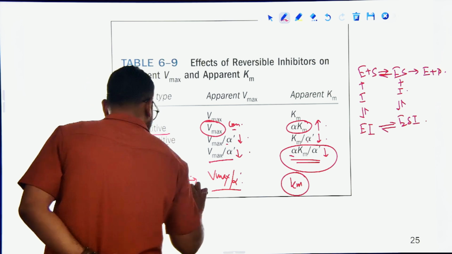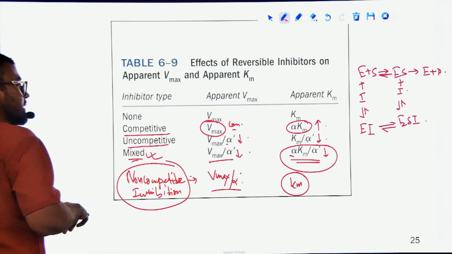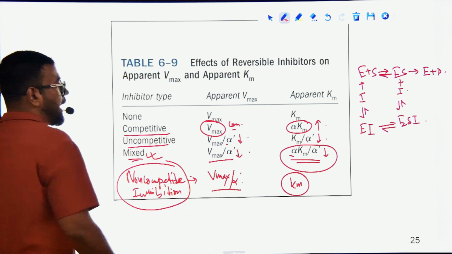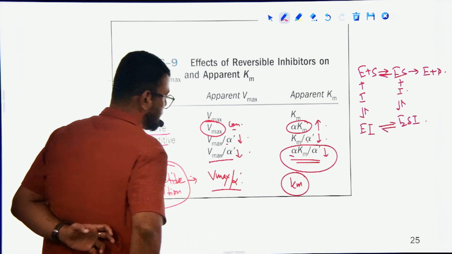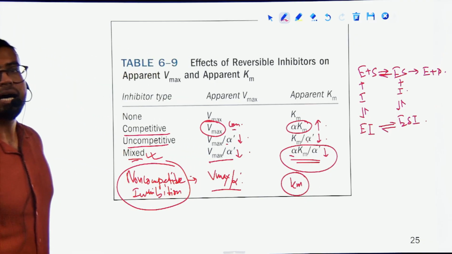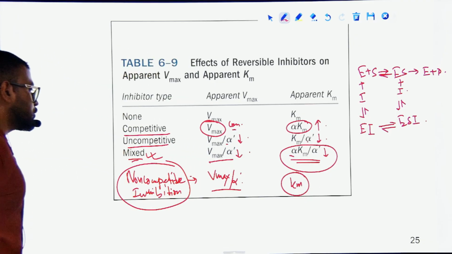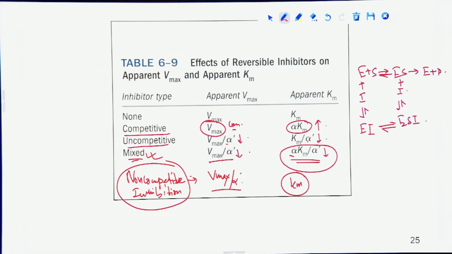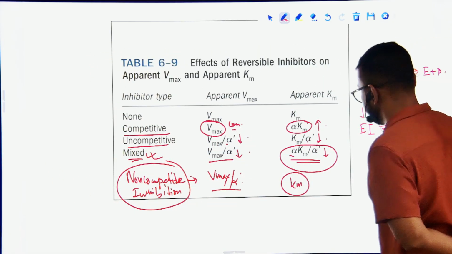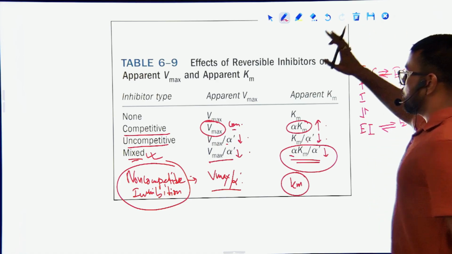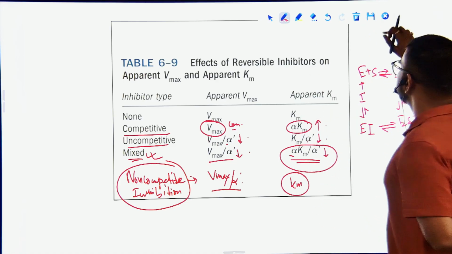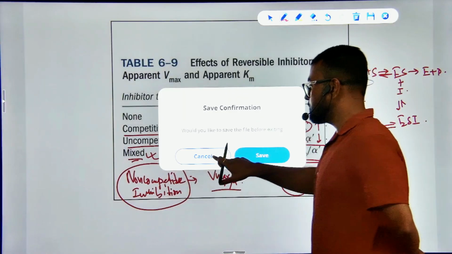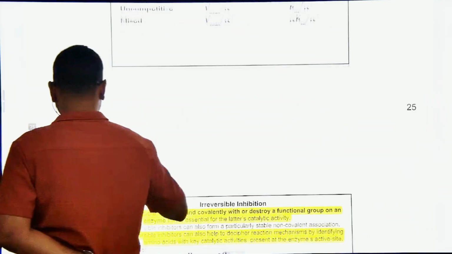When it comes to non-competitive inhibition, Vmax is decreasing by a factor of alpha and Km is constant over here. So these are the four things that should be understood when it comes to inhibition and how they are actually working. I hope everyone is aware of it or got an idea about it.